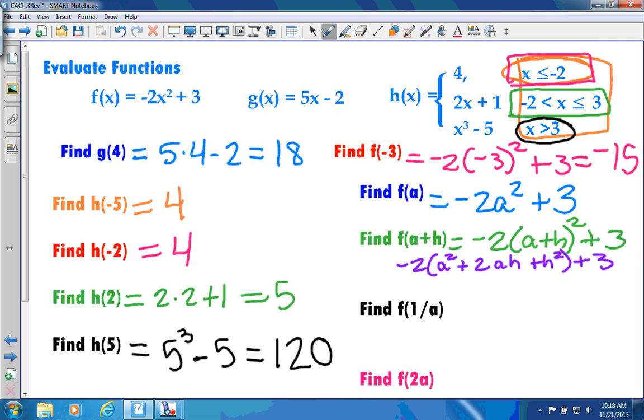And then distributing the negative 2 would get you negative 2a squared minus 4ah minus 2h squared plus 3. And that would be the simplified form of it.